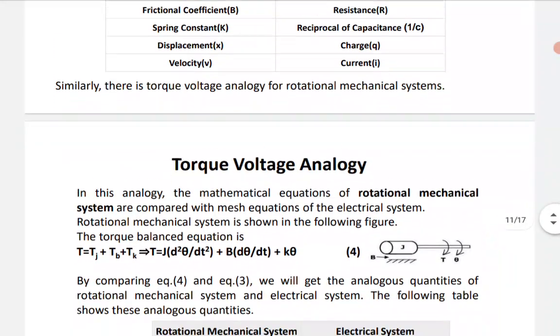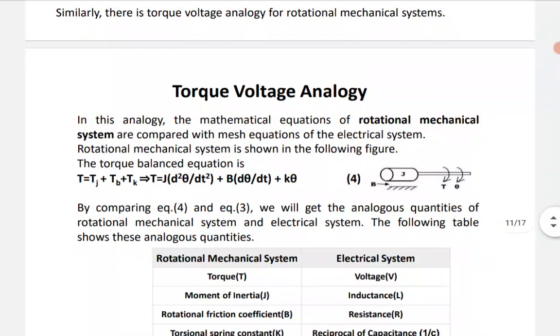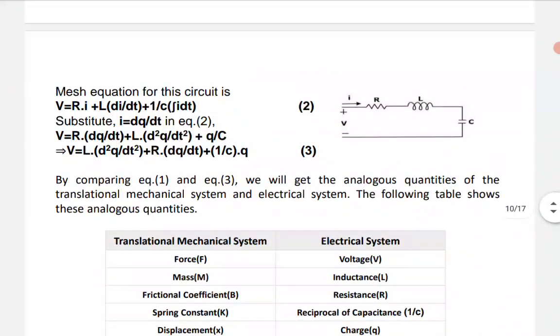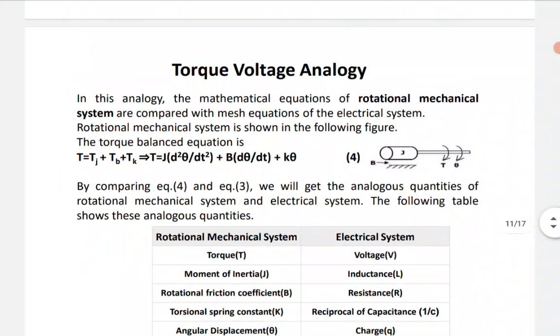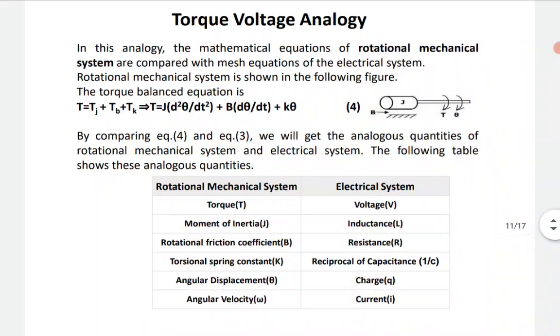Now for torque voltage, that is for the rotational mechanical system, we are not at all disturbing the voltage equation 3. In the torque voltage analogy, the mathematical equations of the rotational mechanical system are compared with the mesh equations of the electrical system.